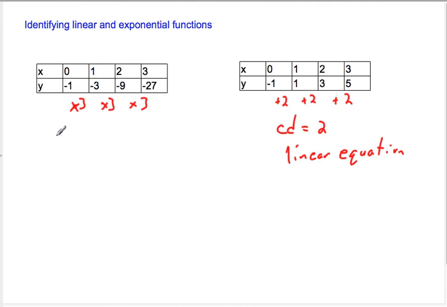So this is a common ratio, is what it's called, because we're not getting to the next number with addition or subtraction. We're doing it with multiplication or division, but multiplication in this case. And so this is exponential. And you can see how fast it grows or shrinks here, because we go from 3 to 9 to 27, and it'll just get much larger to 81, and so on.